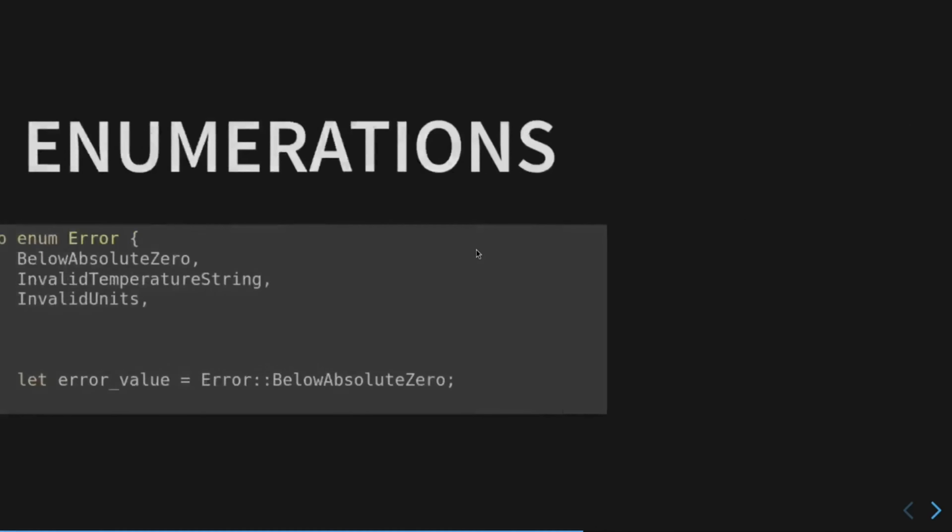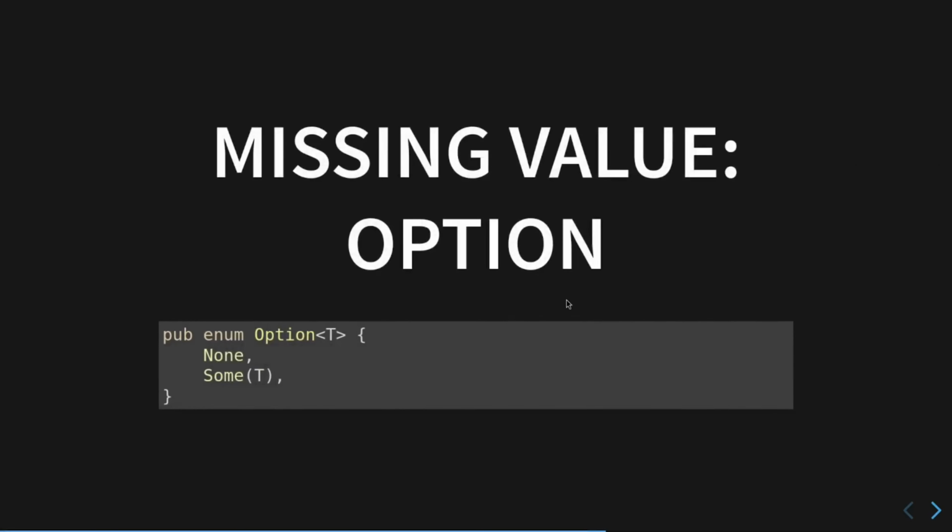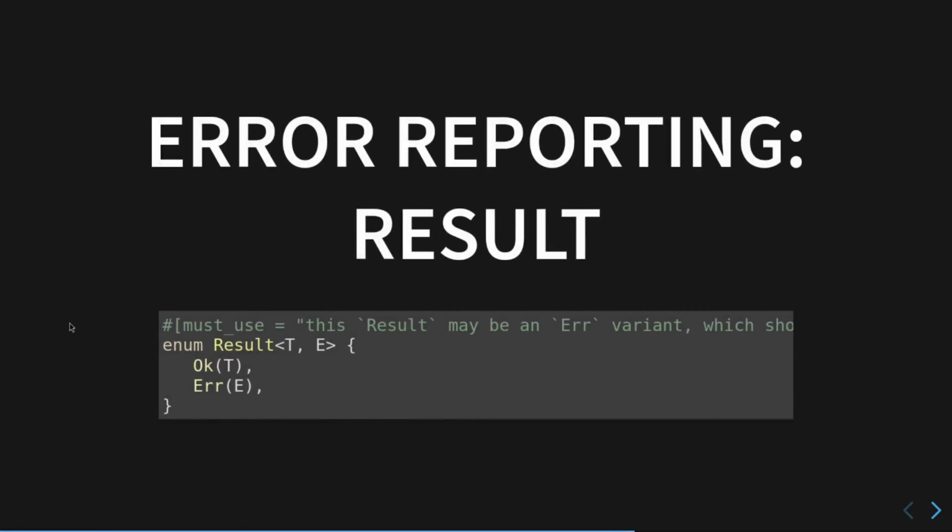Now, a few minutes ago, I said that if you wanted to construct an enumeration value, you had to namespace it. However, there is an exception made for option and for result, in which all of the variants have already been pulled into the global namespace, and so you can access just the variant name without needing to specify that it is a variant on the result data type.